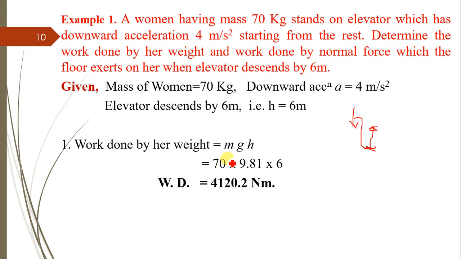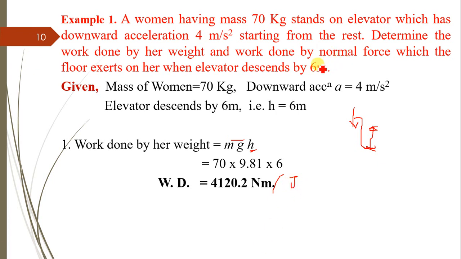Work done is equal to force, which is the weight m into g, times the displacement h. So work done by her weight is 70 into 9.81 into 6, which is equal to 4120.2 Newton meter, or joule.